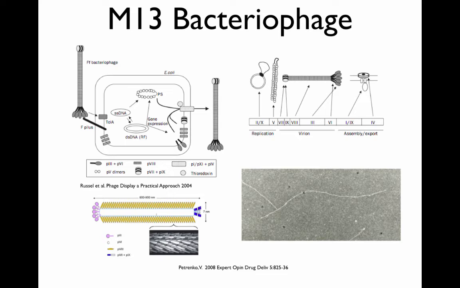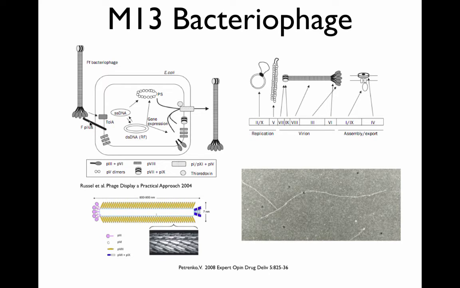Only bacteria, and only in their specific bacteria. And these are really interesting molecules, and we can engineer them because they're very simple. There's only 9 proteins, and because of that, virologists have been able to study them. We know what they do.